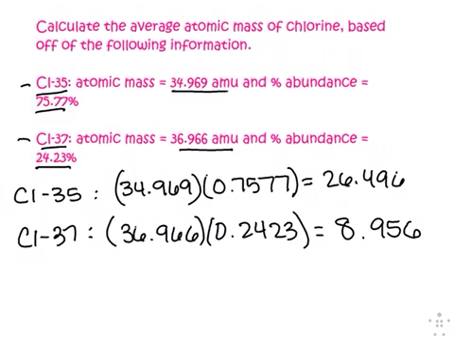So then to get the average mass that incorporates the abundance of both isotopes and the mass of each isotope, you simply add all of your isotope masses together. And we would get 35.45 AMU.